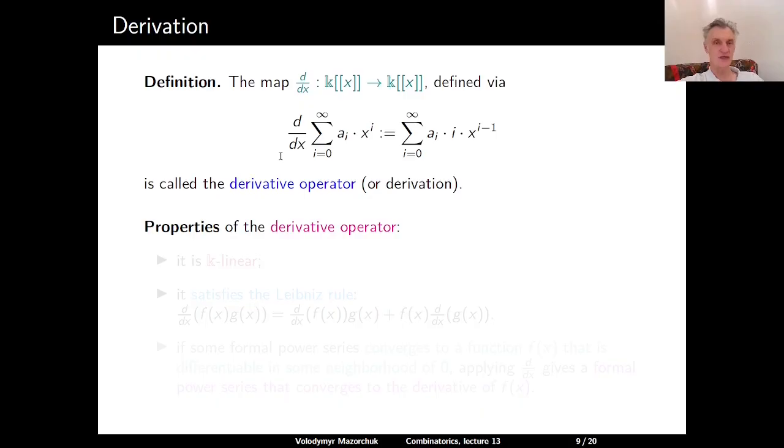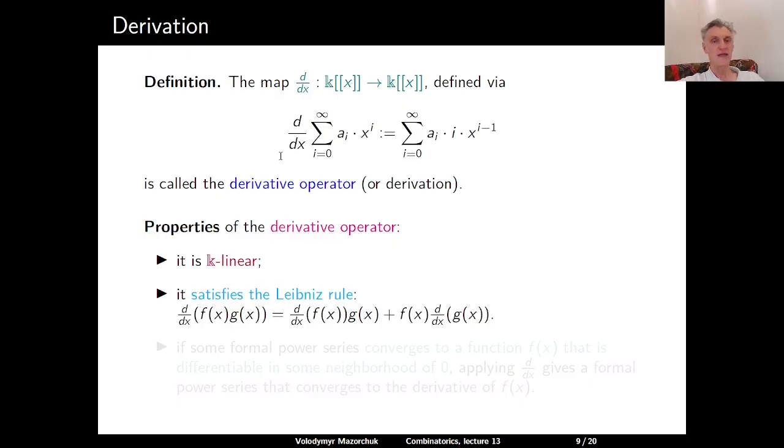So this operator has the following properties, just like the ordinary derivative. It is k-linear. It satisfies the Leibniz rule, which means that applying it to the product fg outputs the derivative of f times g plus f times the derivative of g.